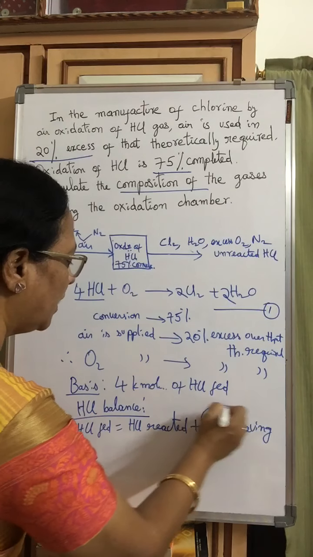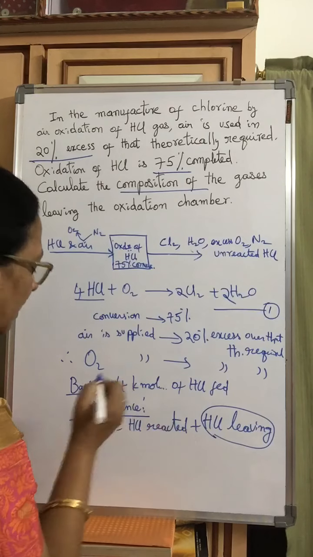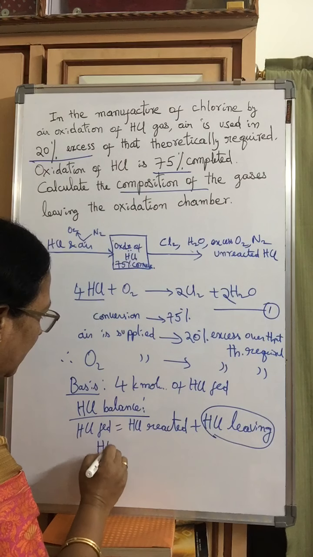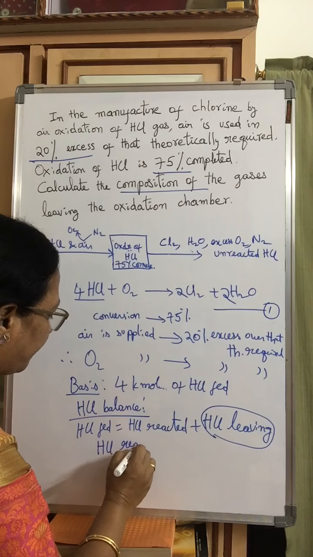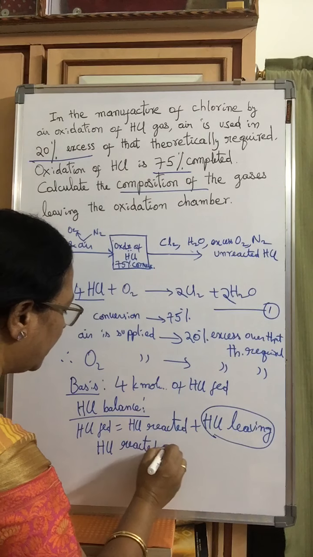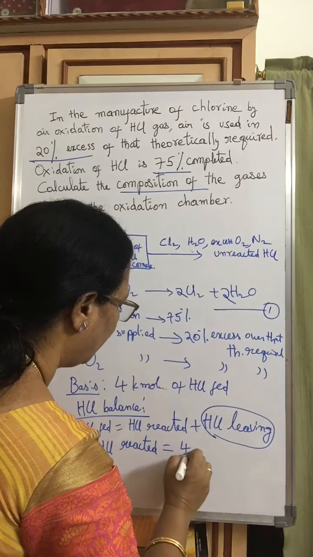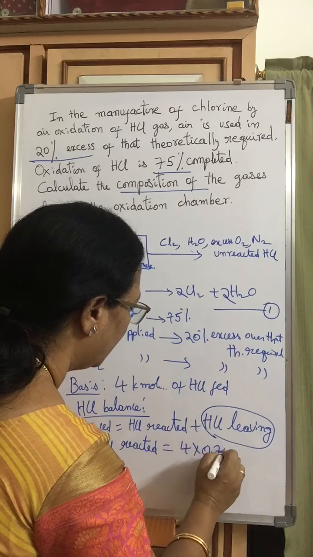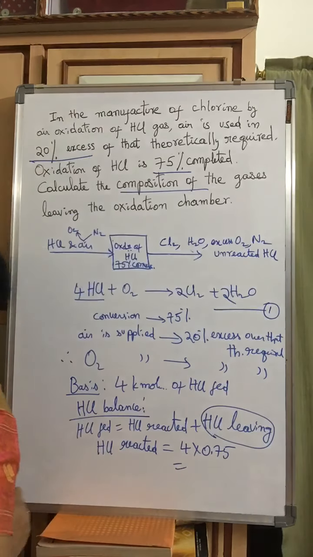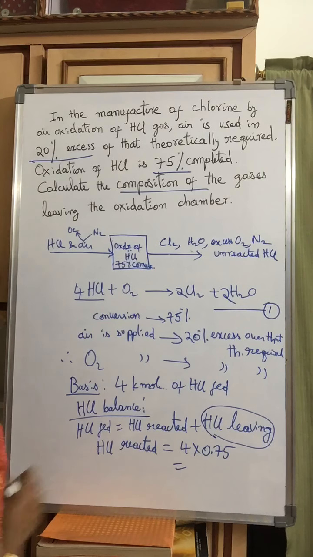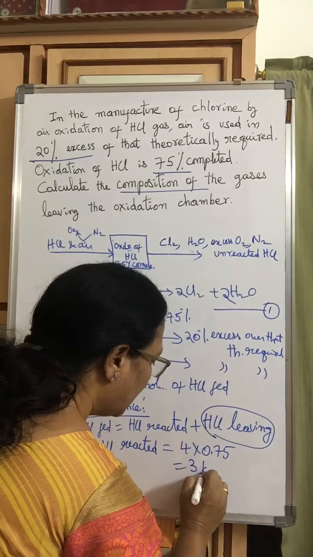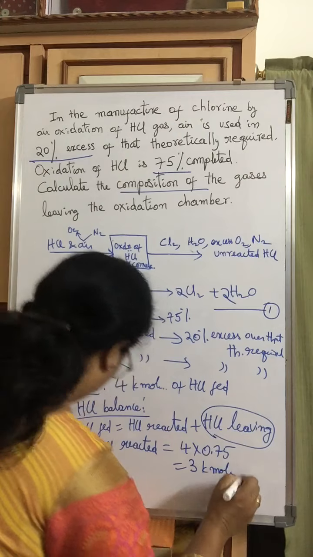We want HCl leaving, so we need HCl reacted. HCl reacted is what? 75% conversion. That is 4 into 0.75. This is HCl converted. That is 3 kilomoles.